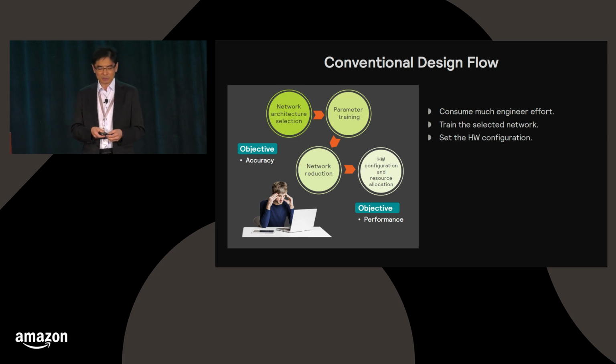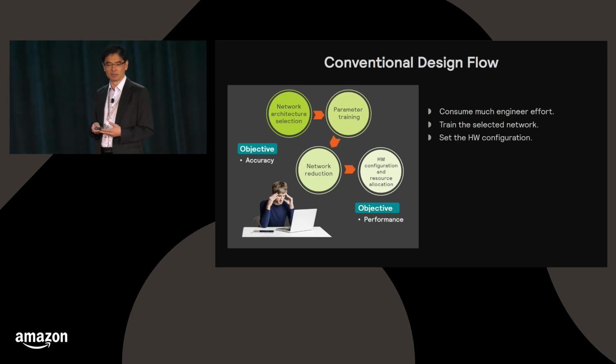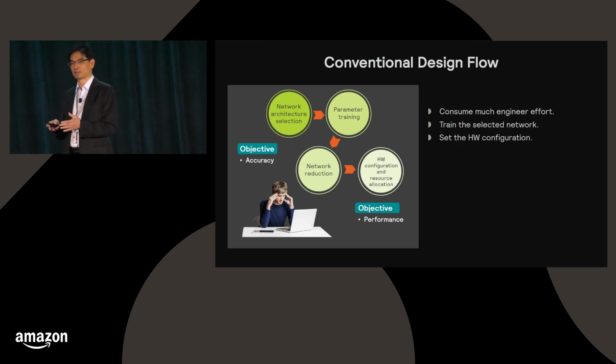Next, I'm going to talk about how to develop edge AI, the process to develop edge AI. For the target application that you want to develop, first you need to set the accuracy target for the application, right? Then you need to select a network first. Then you train the weights with the labeled data. Then you get a network with trained weights.